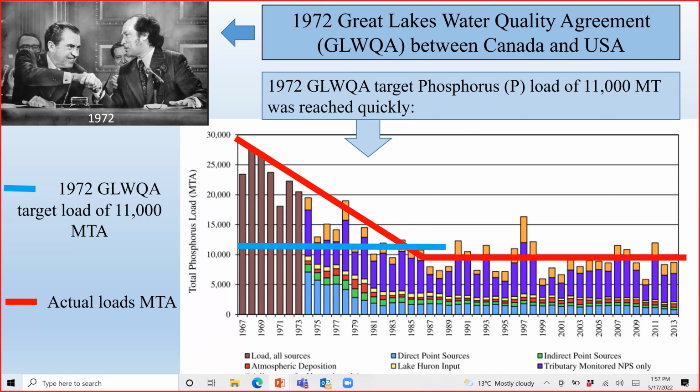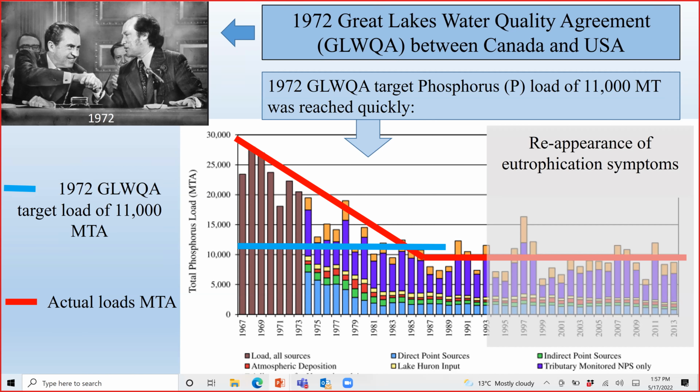And from the mid-1980s to about the mid-1990s, the Lake Erie ecosystem recovered with noticeable improvements in water quality. However, since the mid-to-late 1990s, there have been numerous observations of declining water quality conditions and reappearance of strengthening eutrophication symptoms.